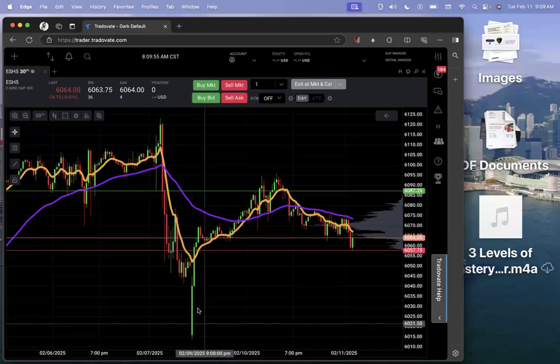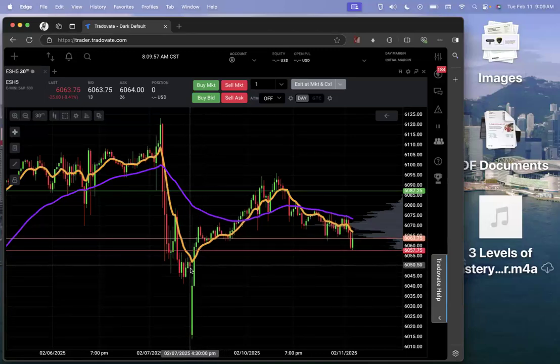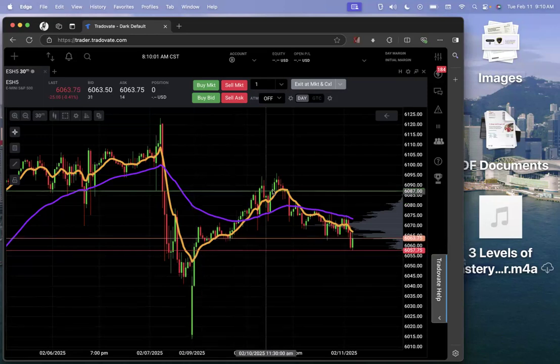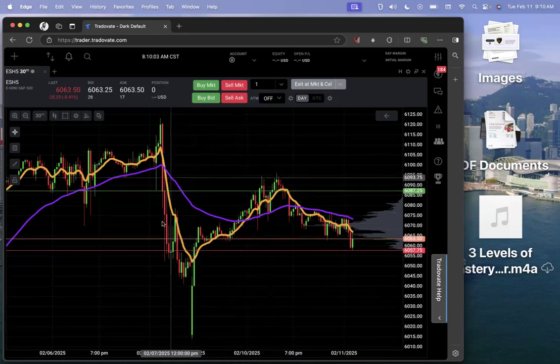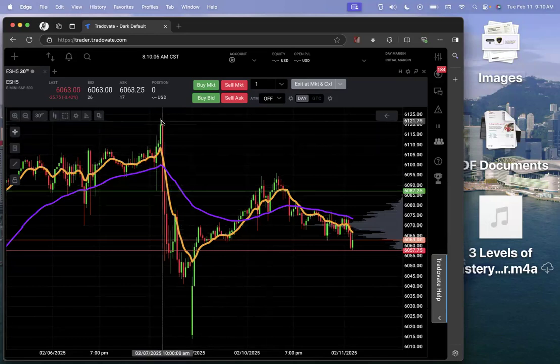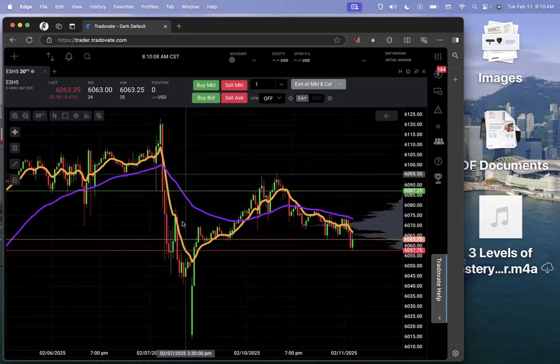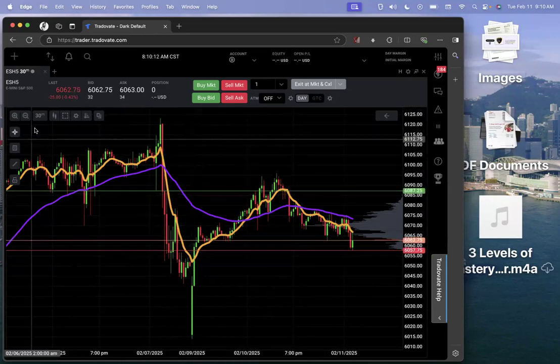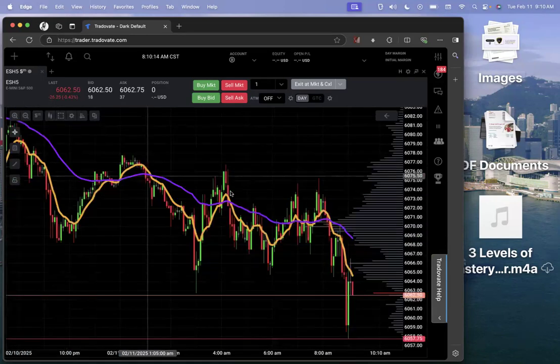We climbed up a bit from where we closed. Once the market opened back up at 6 o'clock, we climbed right back up, recovered most of the downside that occurred once the market closed. Let me go to the 5-minute chart.